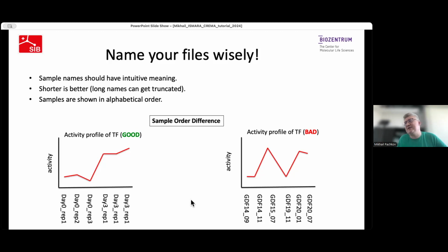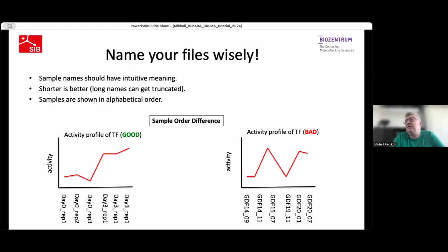And if you had the same files named differently, the order is broken here. In this case, you have a profile which is very hard to interpret unless you make an effort to trace back what exactly are the properties of each sample in the data set.